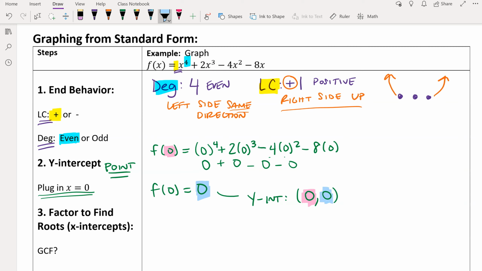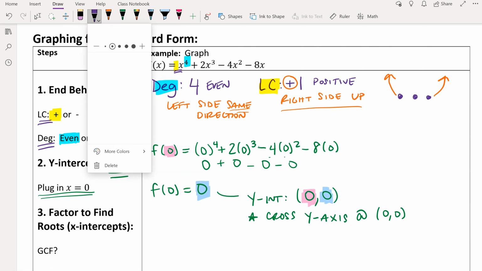That's where this 0 came from. Okay, so we know our graph is going to hit the y-axis at the point 0, 0. That's where it's going to cross the y-axis. And if you weren't sure what the y-intercept was, make sure you make a note. It's going to cross the y-axis at 0, 0. That's what the y-intercept means. Okay, so now next step, we are going to factor.